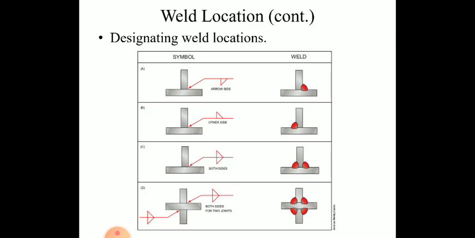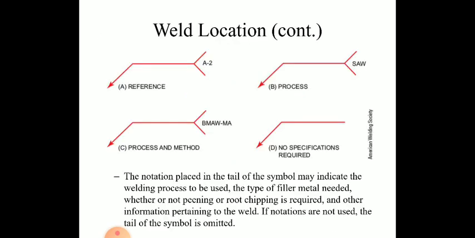The arrow side, right, that arrow is provided, both other side of the arrow, the upper portion is showing both sides of the arrow, both sides for the joint as well, that is the T joint basically. That is the reference for the particular welder locations.